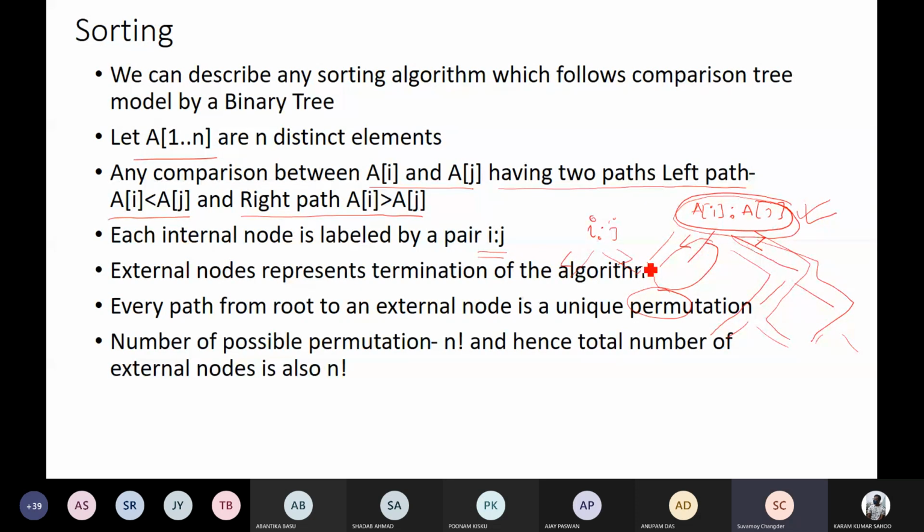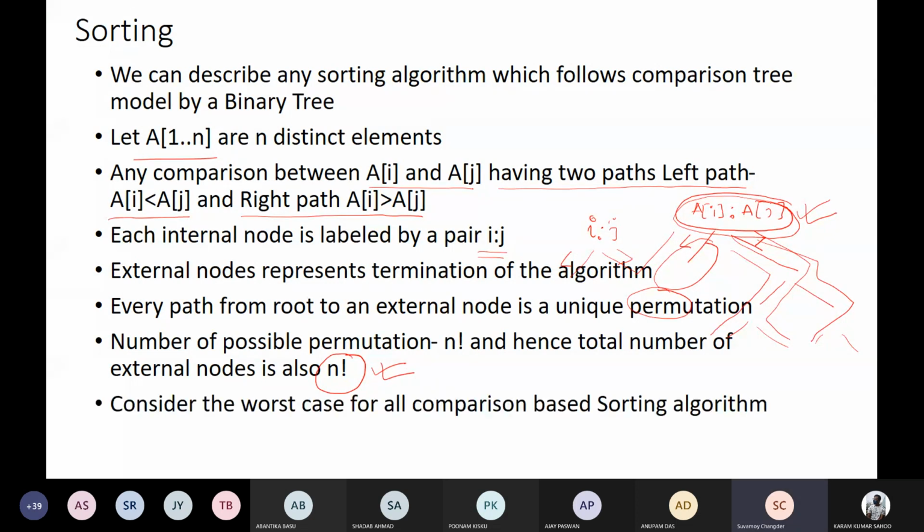Factorial of n. If you count these paths, you will find that factorial n different paths; not you may get, you should get. Now consider the worst case for all comparison based sorting algorithms.